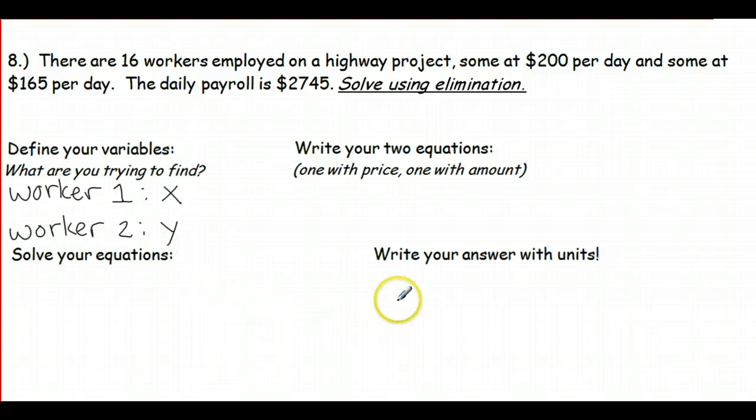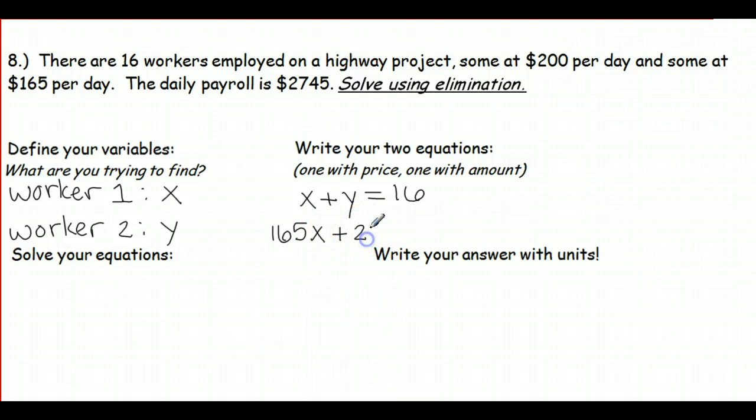Alright, so let's go ahead and set up our problems. We know that however many x workers plus however many y workers there needs to be a total of 16 workers. We said that worker number 1 is $165 a day, so that would be 165 times the number of workers, plus we said the y workers are $200 a day, so 200 times however many workers there were, and that has to equal $2,745.